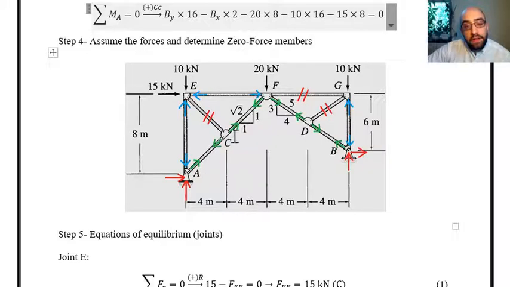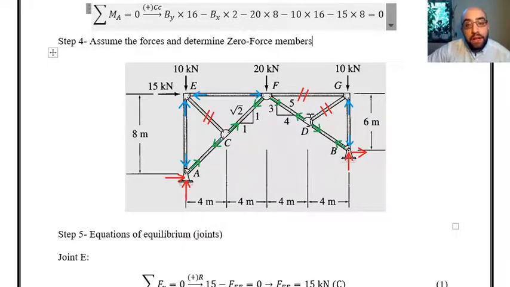Over here you can see member CE is a zero force member because if it carries some force or load, there is nothing on the other side of joint C to balance the load or force of this member, EC. That's why EC should be a zero force member.